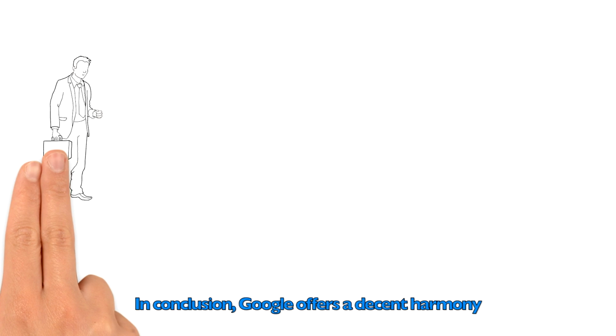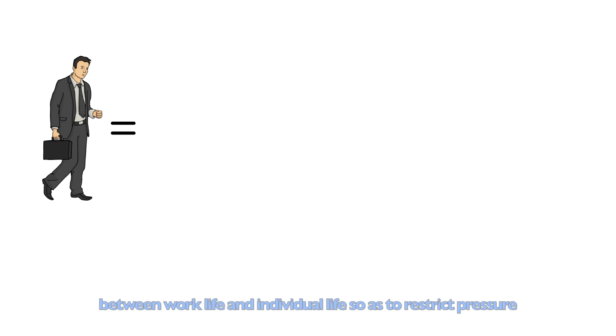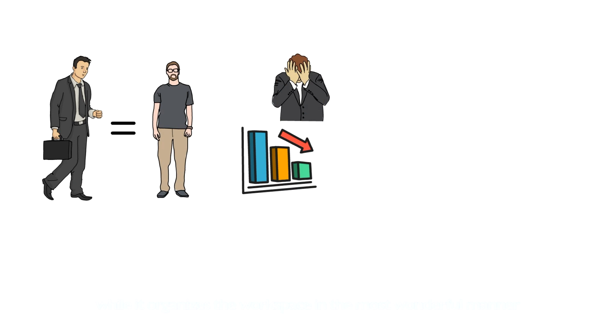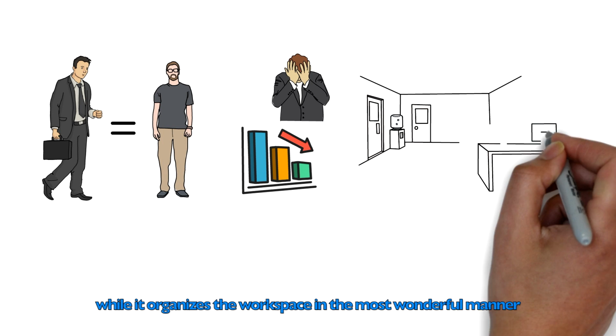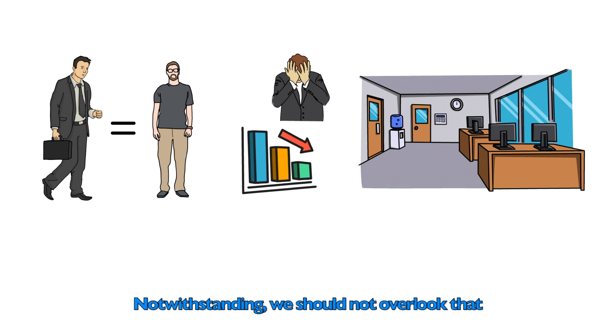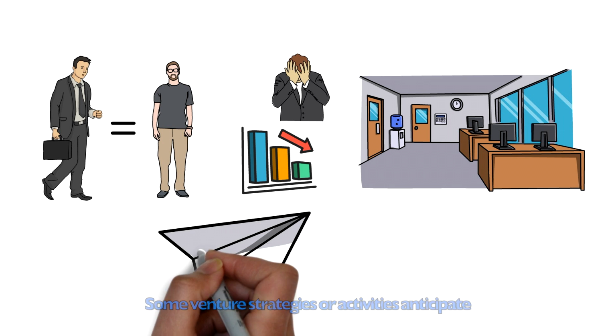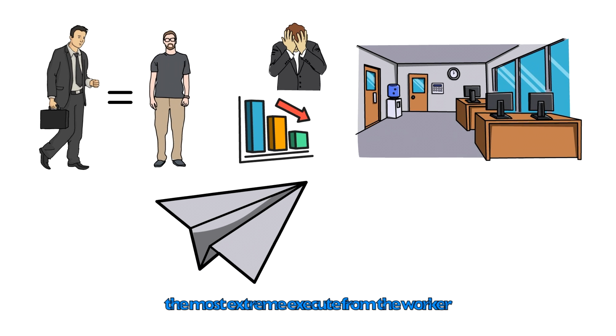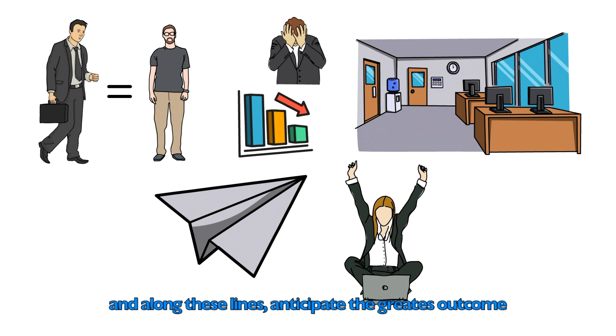In conclusion, Google offers a decent balance between work life and personal life so as to limit pressures, while it organizes the workspace in the most wonderful manner possible for its employees. However, we should not overlook that some venture strategies or activities anticipate the maximum output from the worker, and along this line anticipate the greatest outcome.